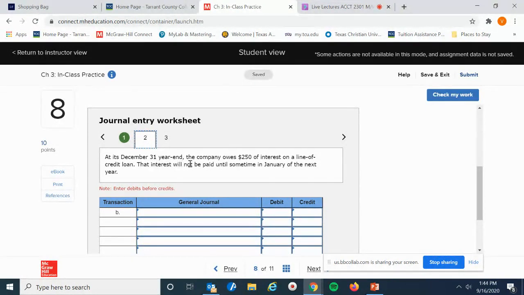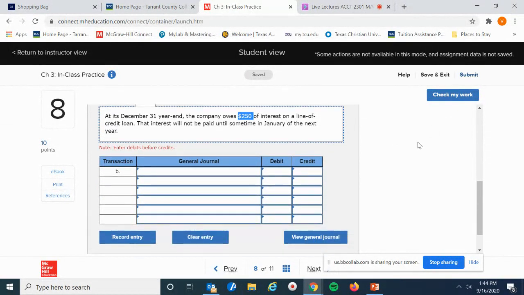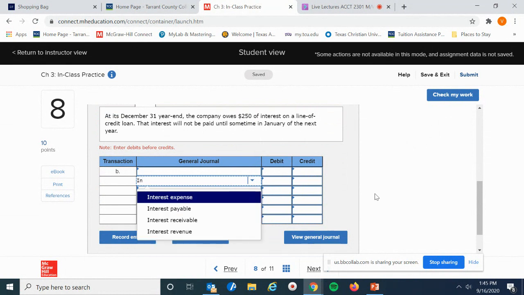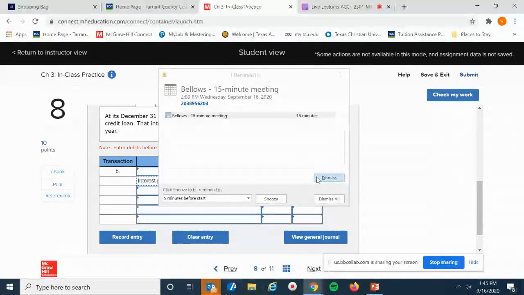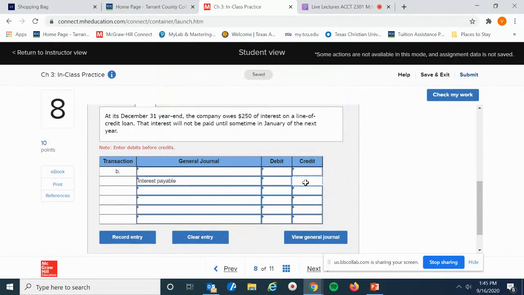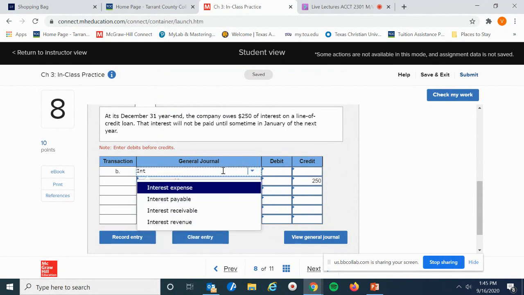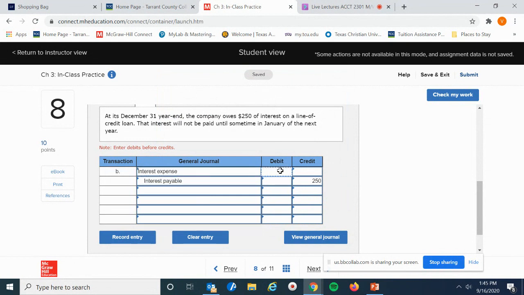At its December 31st year end, the company owes interest. So if we owe interest, I know that the account that I'm crediting is interest payable. I'm owing it, I am not paying it. $250 credit. This is a liability account. And I have to report interest expense of $250, which is the exact entry of the accrual.